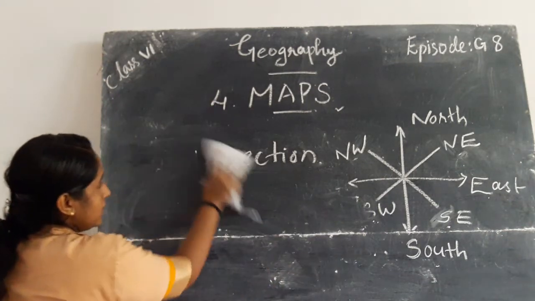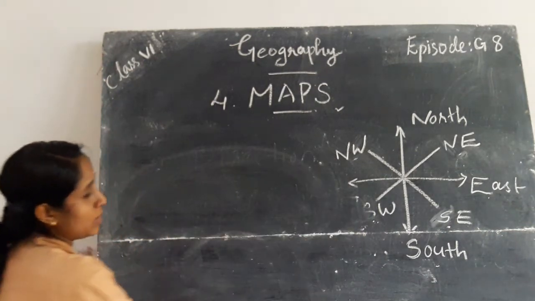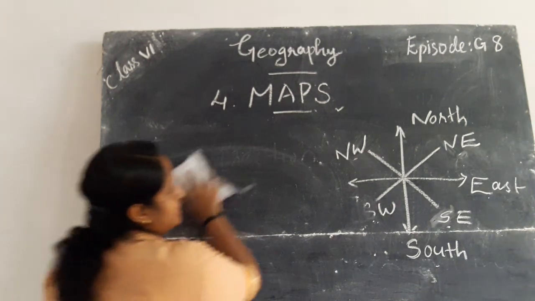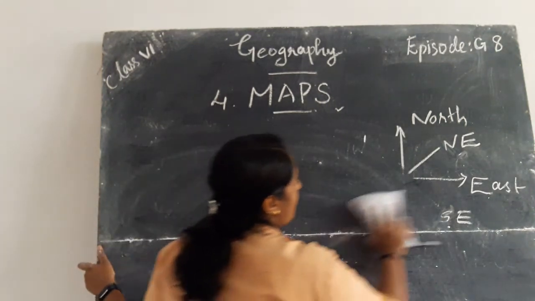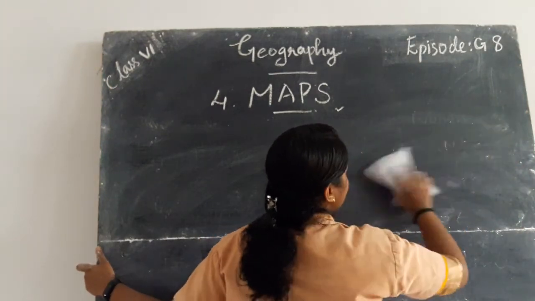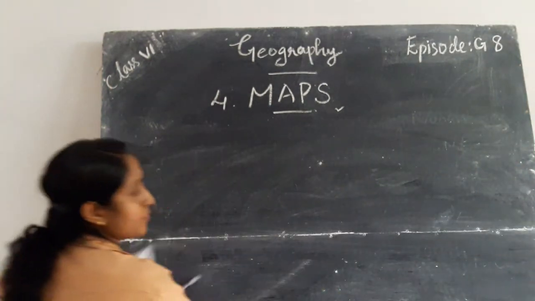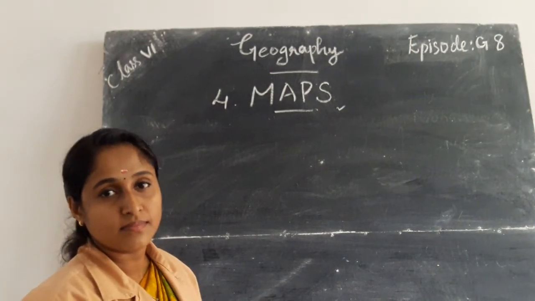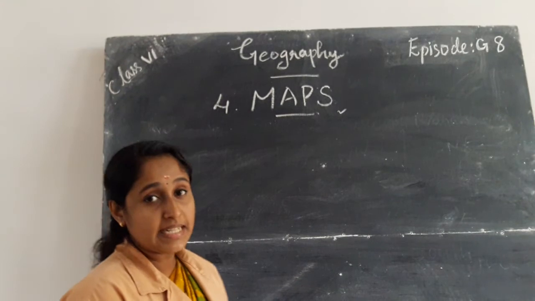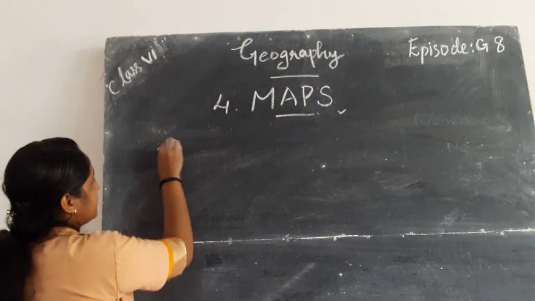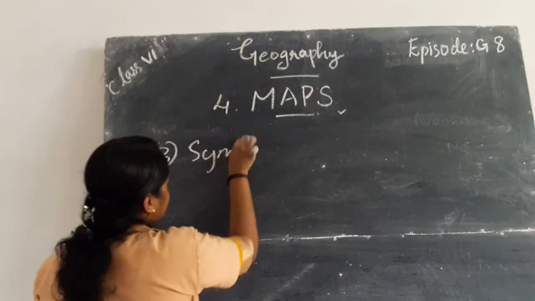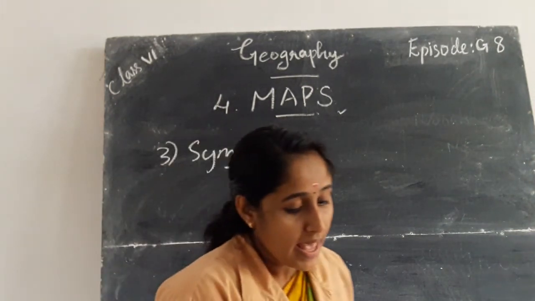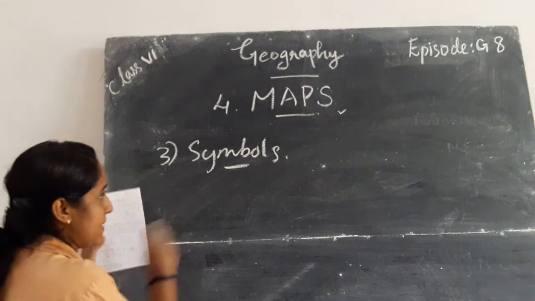Okay. So the third component is symbols. Every map shows symbols.